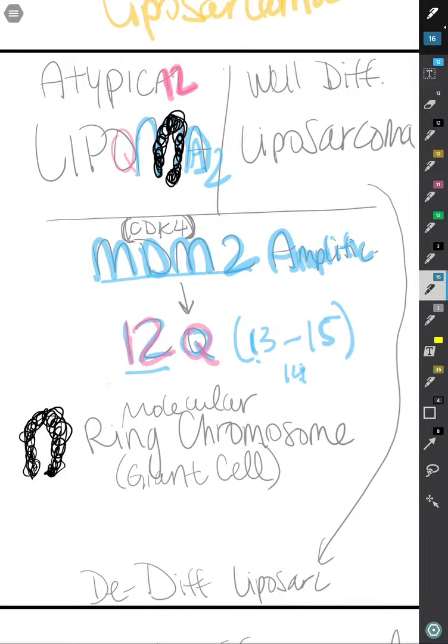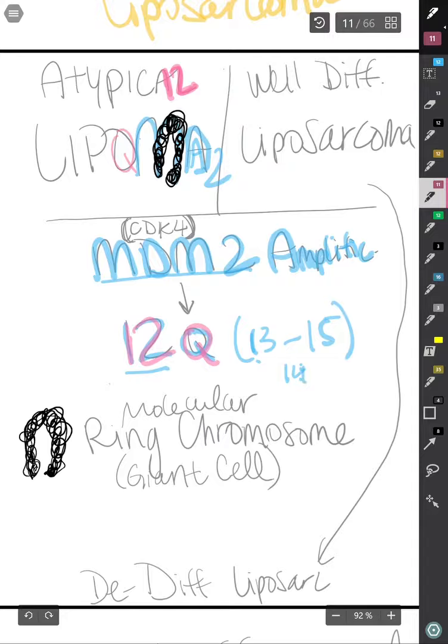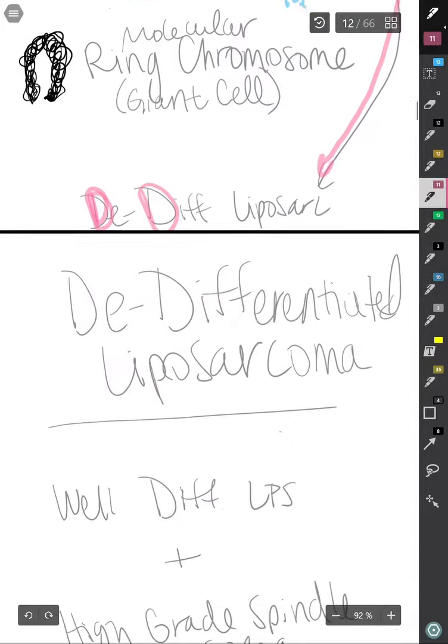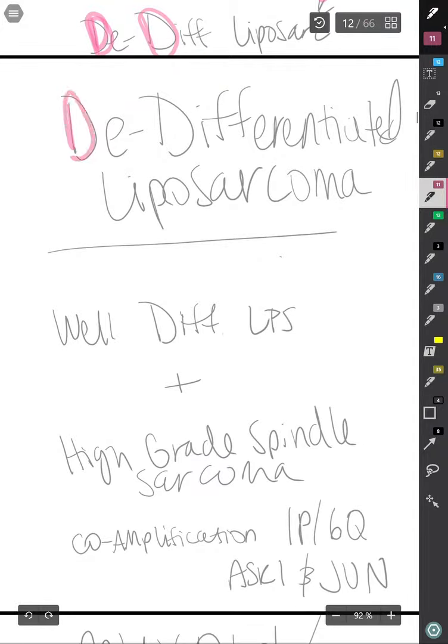So as I mentioned, if this entity is going to get high grade or get uglier, it's going to dedifferentiate. So this well differentiated is going to go and become dedifferentiated. And looking a little bit more at the dedifferentiated, just quickly, this is basically where you have your well-differentiated liposarcoma, and then you have your high-grade spindled cell area, which is the sarcoma aspect of it.